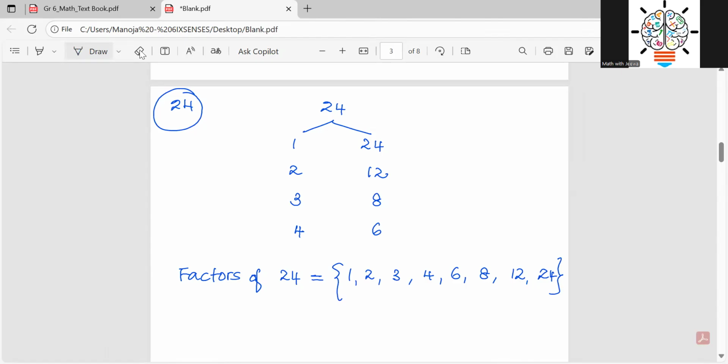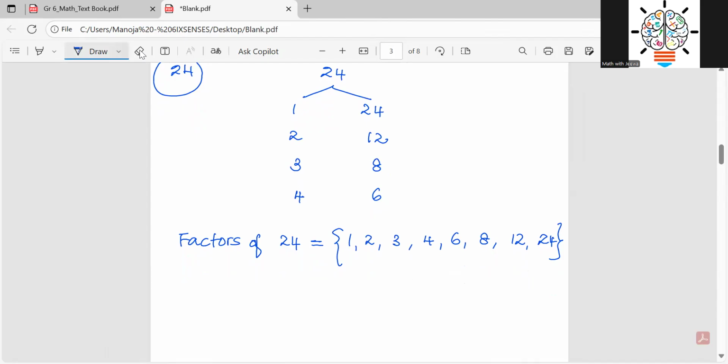Then we write prime factors of 24. Out of the above numbers, what can you identify as the prime factors? Only 2 and 3. Okay? Only 2 and 3. Right?